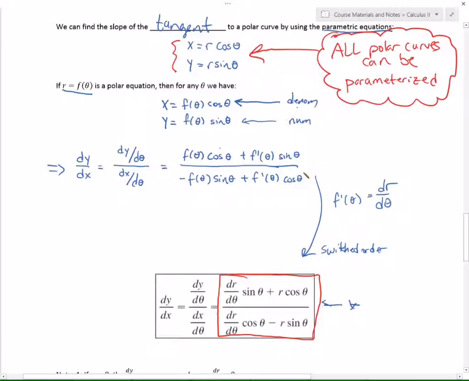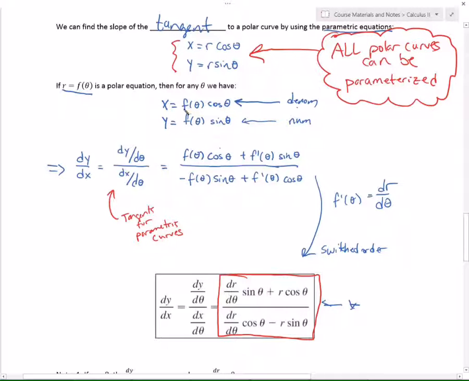But for now, if we want to find the slope of the tangent line, that's what we derived here. I took the derivative of y with respect to theta over the derivative of x with respect to theta. Right? Because that's the formula for tangents for parametric curves. We just talked about that earlier.